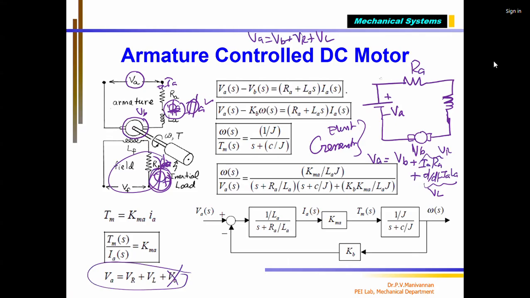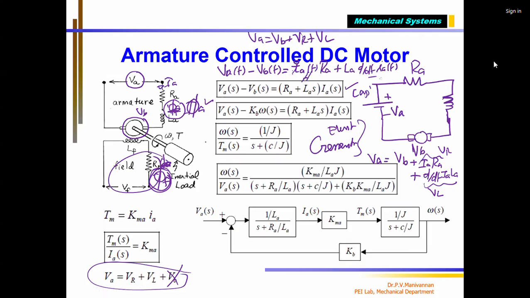So for that, if I write the equation, this will be in the time domain: VA of t minus VB of t equals IA of t into RA plus LA into d by dt of IA of t. If I convert to Laplace domain, I can take IA out separately.